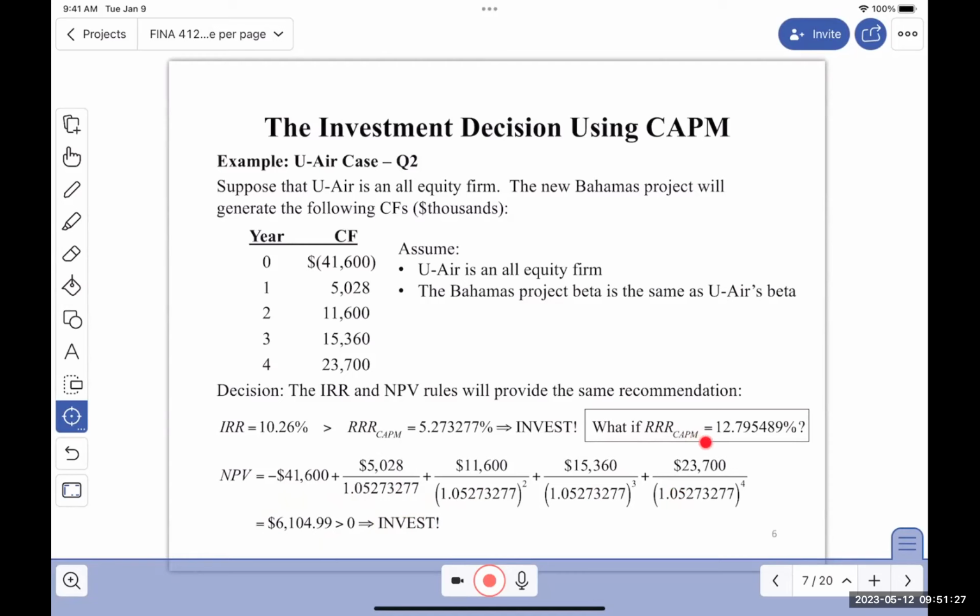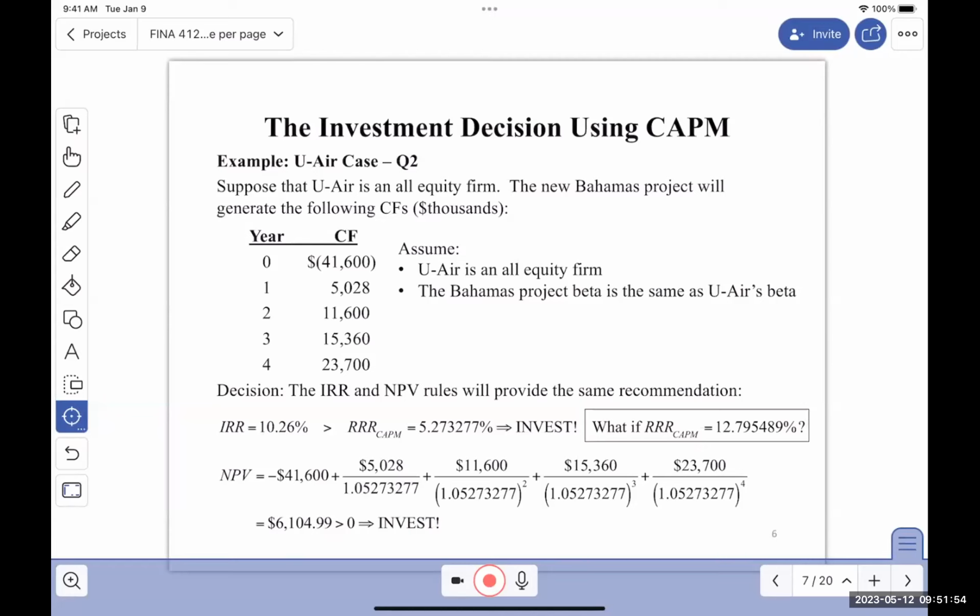However, if we use the number 2 estimate, we would have rejected the Bahamas project. So you have to think about all the options. There are so many ways you can estimate this. You have to be the one who decides which one is the best, or you have to make recommendations to your superiors on which one is the best. Some of them are very different.